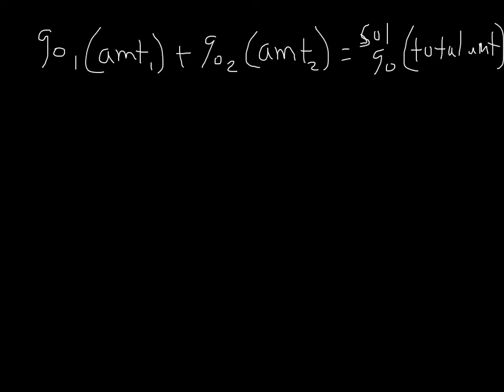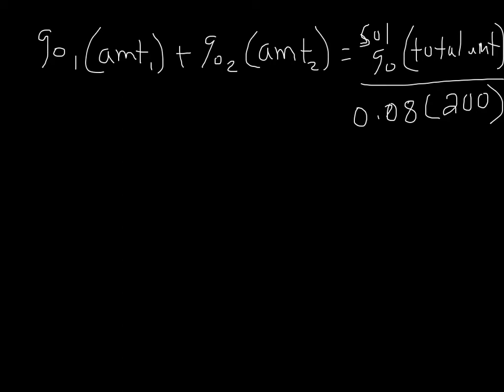Okay, so now we know what this part is already. So we know that that part was 0.08 times 200, because we know that it's 200 pounds in the end.